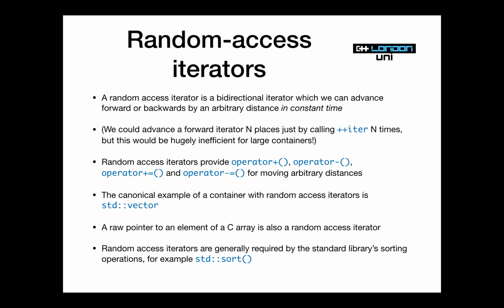When you use a standard library container, the documentation will tell you which category that container's iterators satisfy. And on the other side, when you come to use an algorithm, the algorithm's documentation will tell you which category of iterator it requires. If you don't match them up, you're going to be in a world of pain.